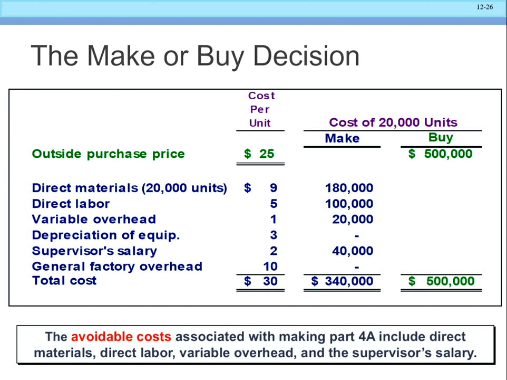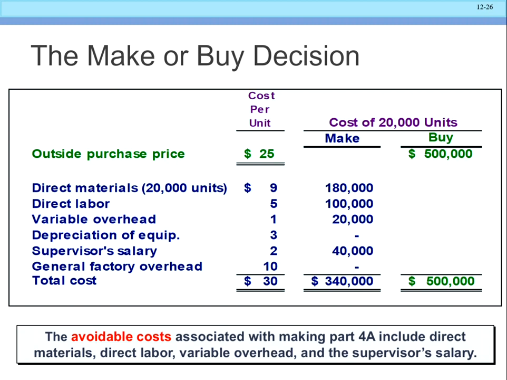Now let's look at the relevant cost of producing inside. Direct materials, yes, it's relevant. So if we want to produce 20,000 units, we need $180,000. Direct labor, yes, it's relevant. It can be avoided if we decide to buy.